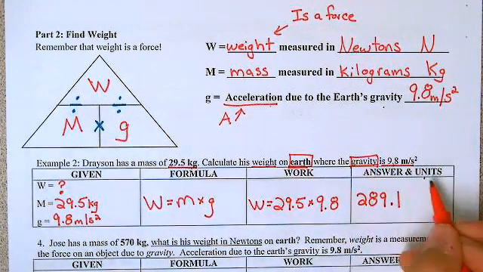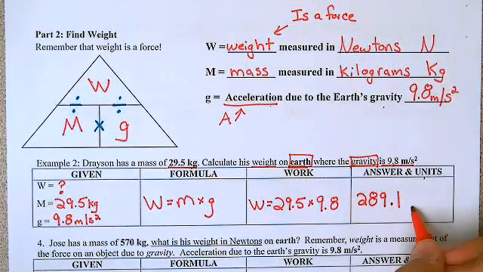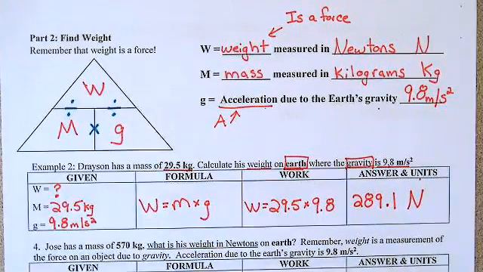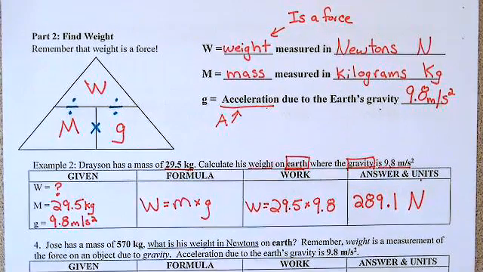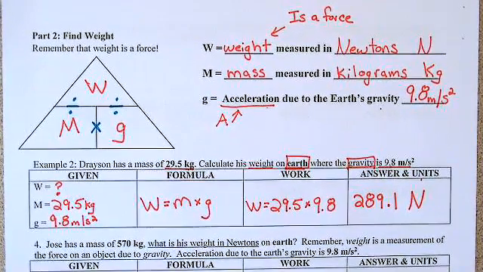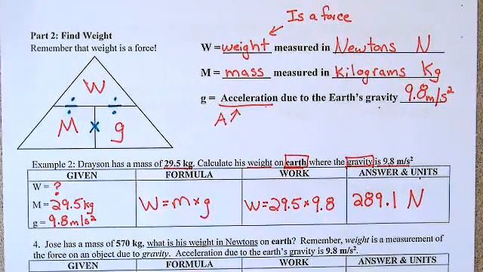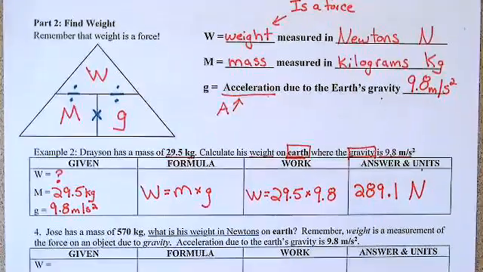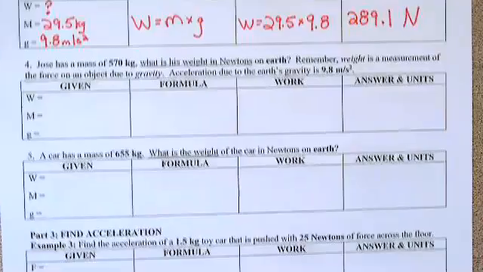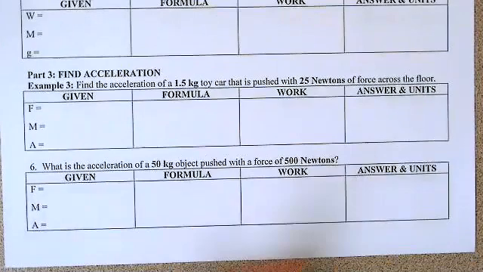And what's the unit for weight? Newtons. Because weight is a force. Okay, so try questions 4 and 5 just like that. Pause the video while you're working on that, and then you can move on to part 3.